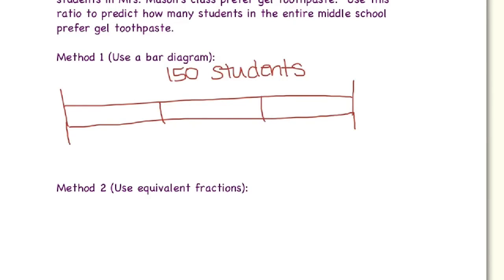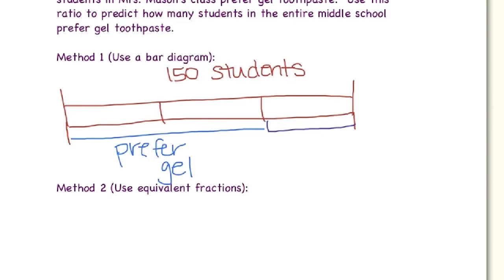So we know that 2 out of these 3 sections, so this part and this part right here, would be the students who prefer the gel toothpaste. And over here, this section is going to be those who do not prefer gel. Let's just say not gel.